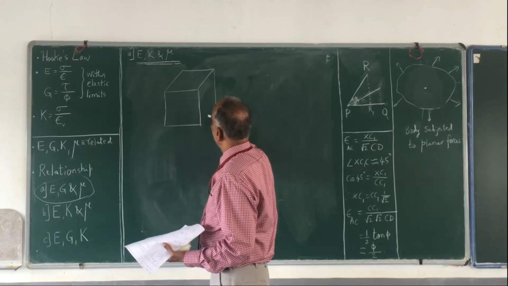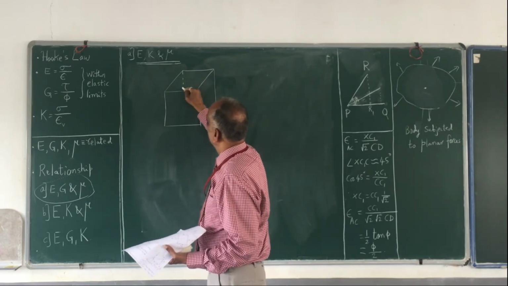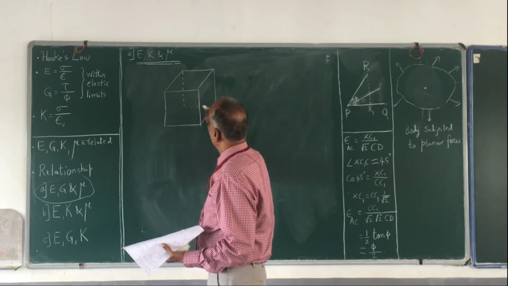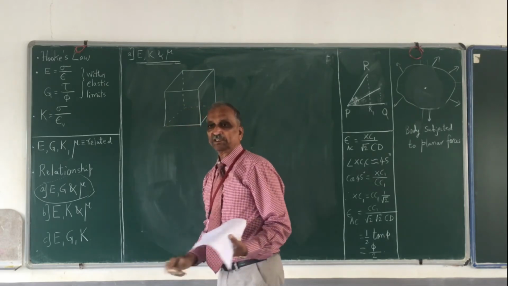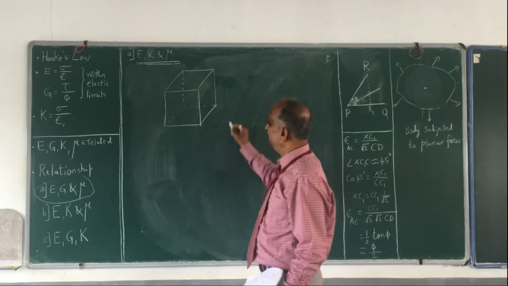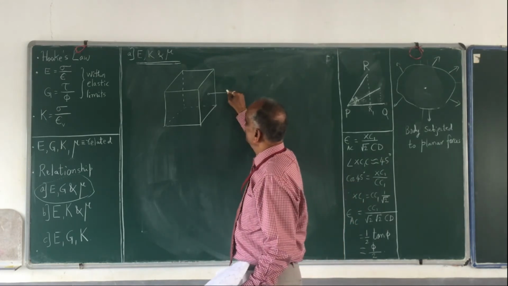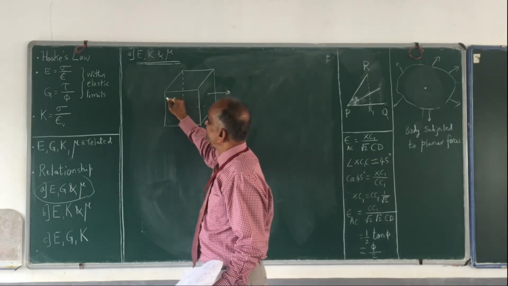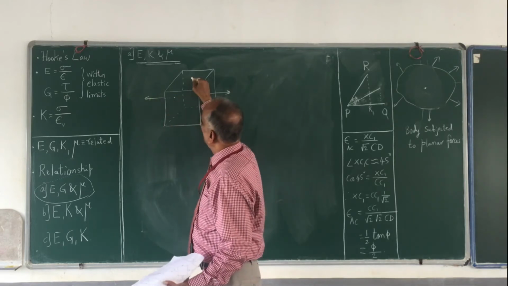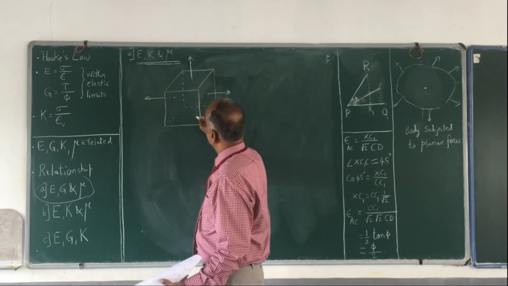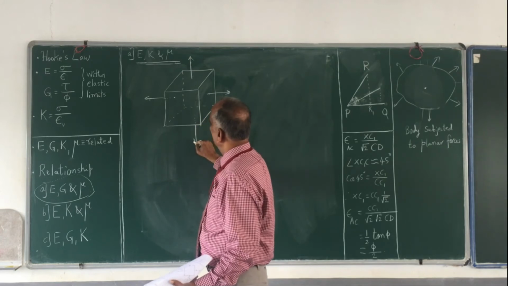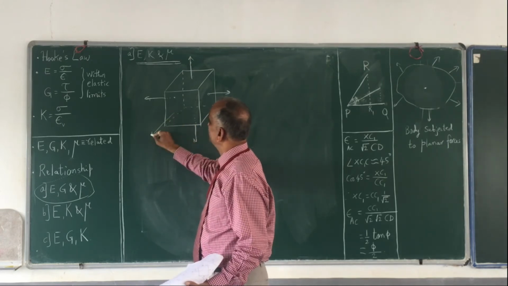How many faces are there? Six faces. And what do I apply on all these six faces? The same amount of normal stress in this direction, and also along the Y direction, and also along the Z direction.